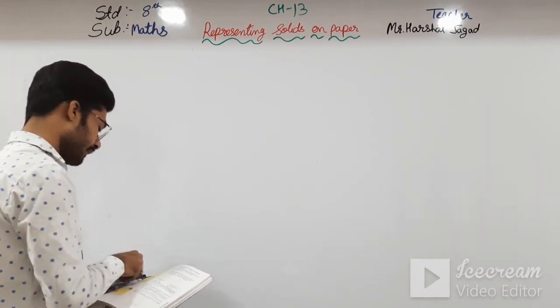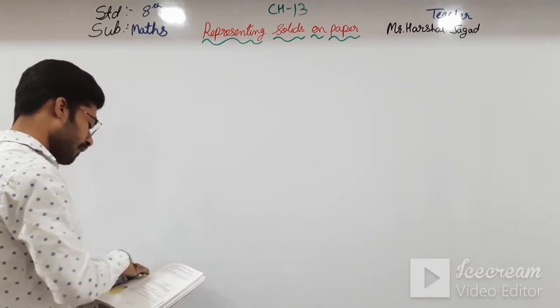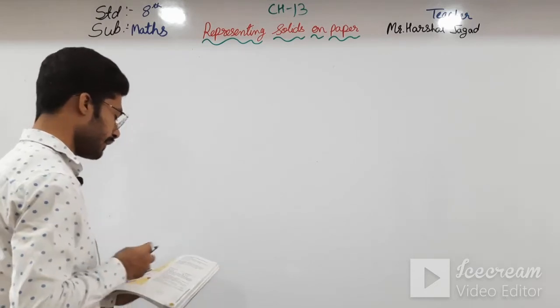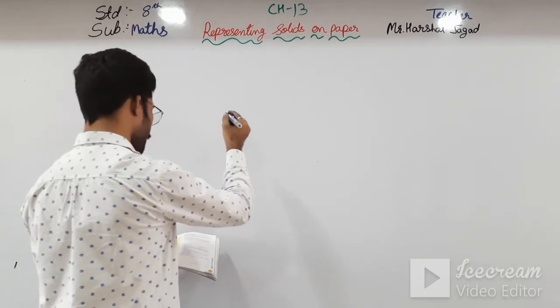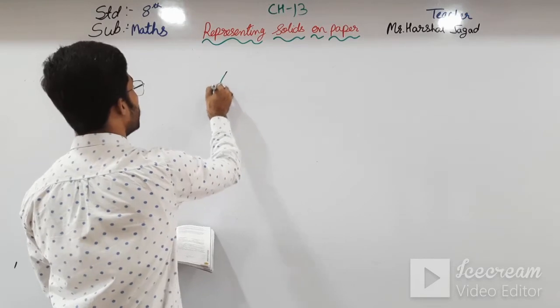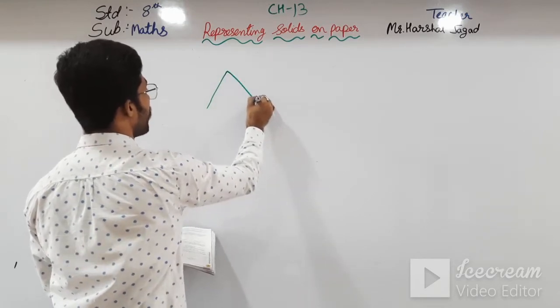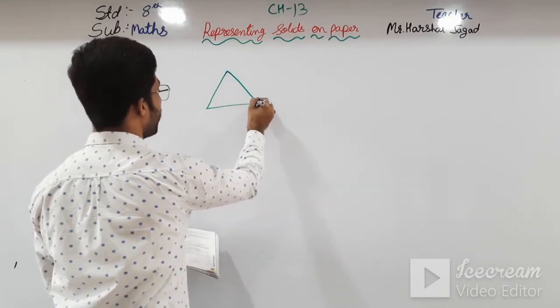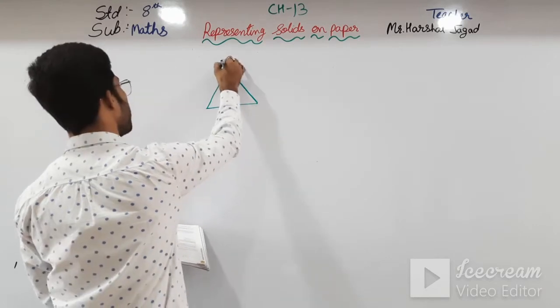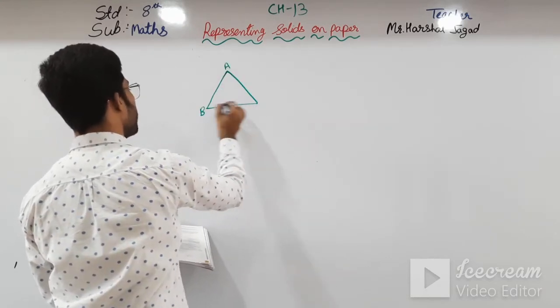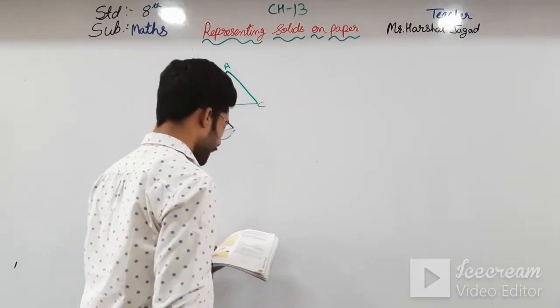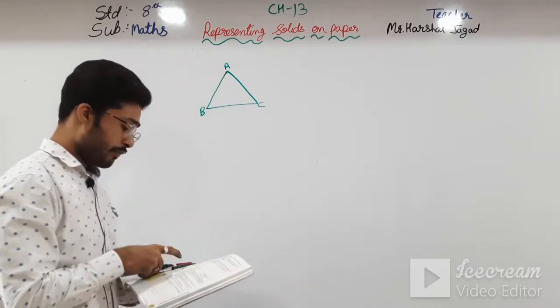First of all, they are telling us to draw a triangle. So here we have just drawn an equilateral triangle, that is A, B and C. Then what is step 2?